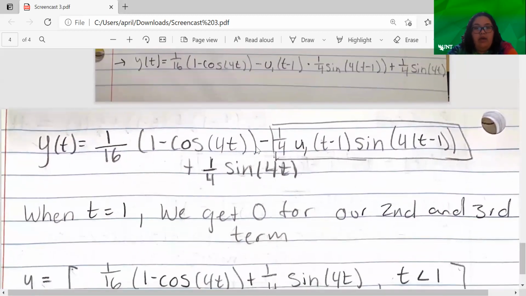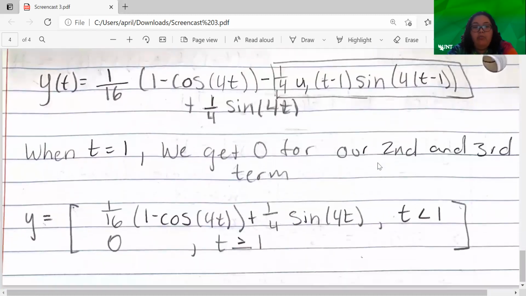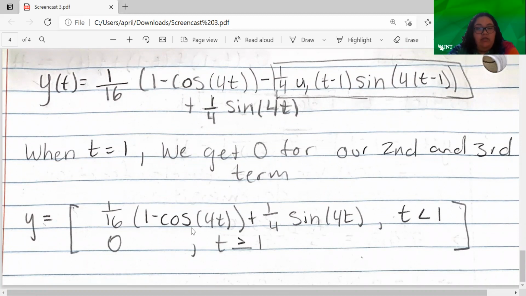We see that whenever we plug in 1 here to our second and third terms, we get 0. So we can base our answer off of that: y is equal to 1 over 16 times 1 minus cosine 4t plus 1 over 4 sine 4t whenever t is less than 1, and our answer is 0 whenever t is equal to or greater than 1.